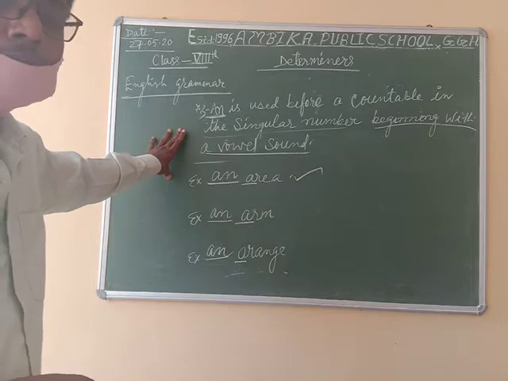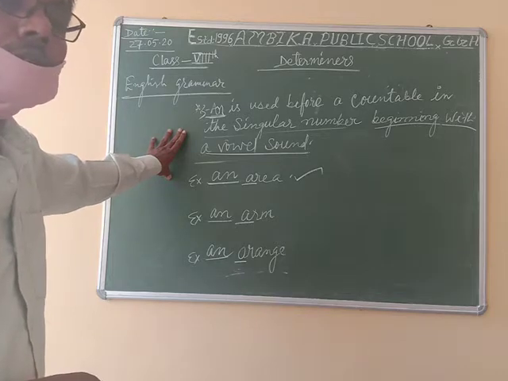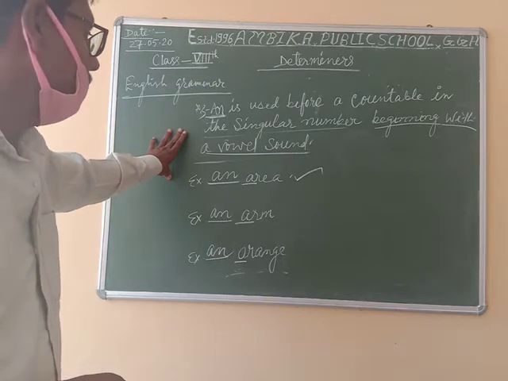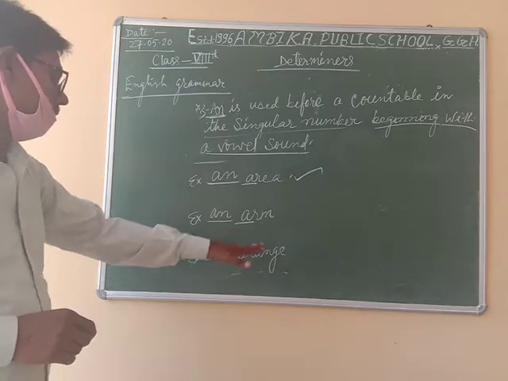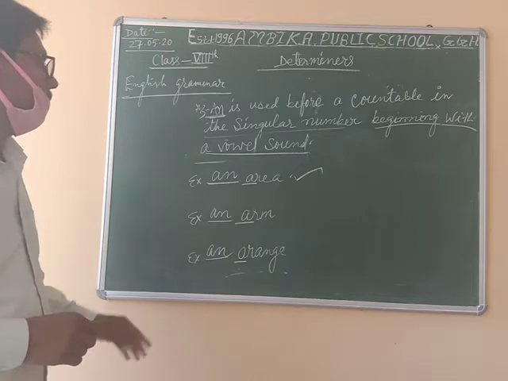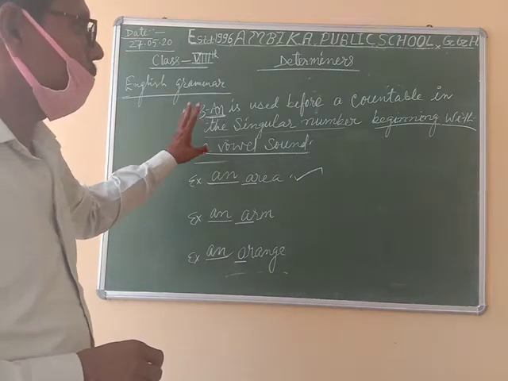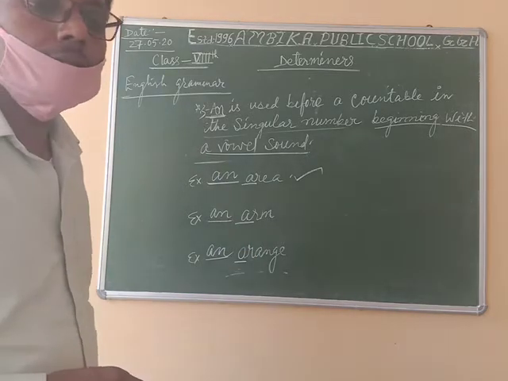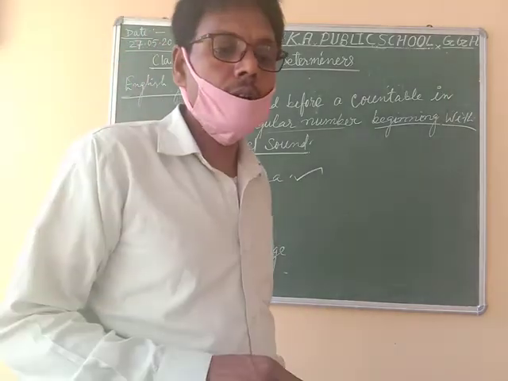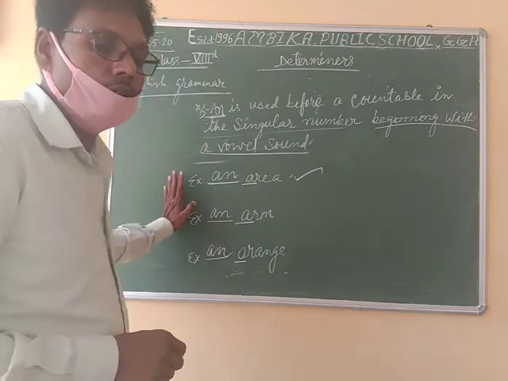I think no problem will be raised if you read carefully. So an area, an arm, an orange. AN is used before a countable in the singular number beginning with a vowel sound.